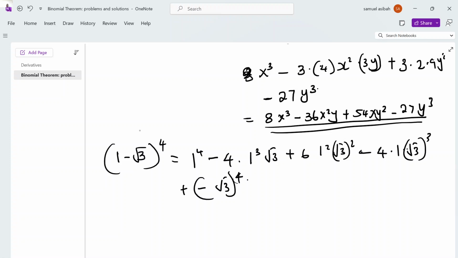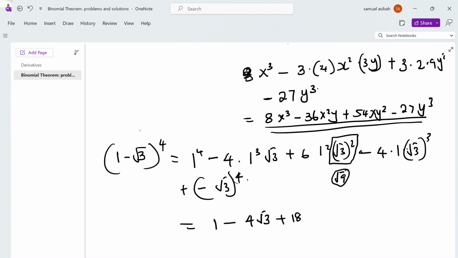Now, after you've done that, the work is to simplify. When you simplify, this is what we are getting. We are getting 1 minus 4 root 3 plus 18. Now 18 comes from this part here: when you have root 3 times 2, you get root 9.